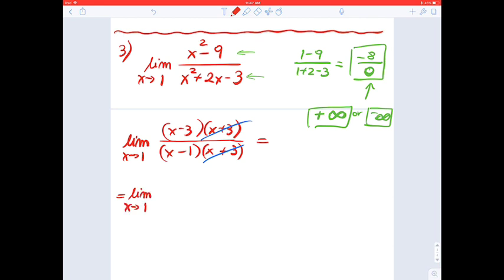Finding this common factor, I didn't simplify my 0 from the denominator. That means now the direct substitution is -2 over 0. And I have to check if this 0, of course, is not really 0, it's just a small number. But we have to find out if it's positive or negative.